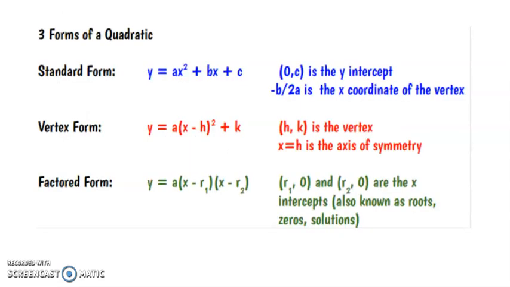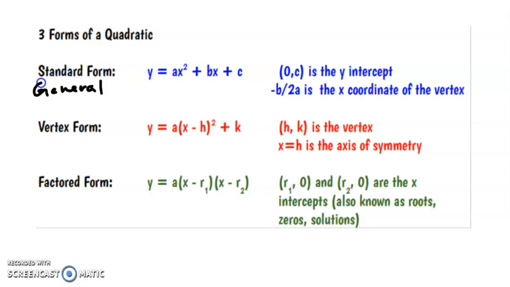Our three forms of a quadratic, you may be familiar with some more than others. We've got our standard form, which is also referred to as general form. Okay, that's ax squared plus bx plus c. The a, b, and c values are all important in their own way, and we'll see why that is and how we can use those values to get certain parts of our graph.